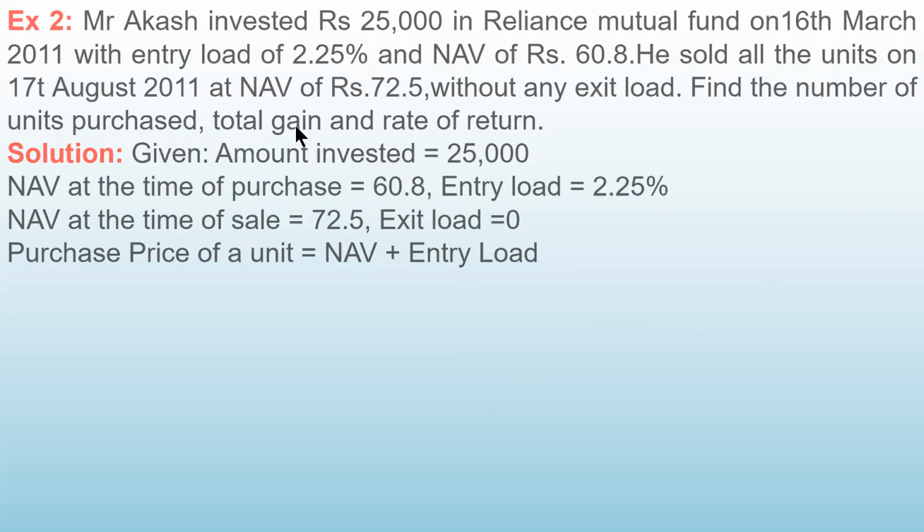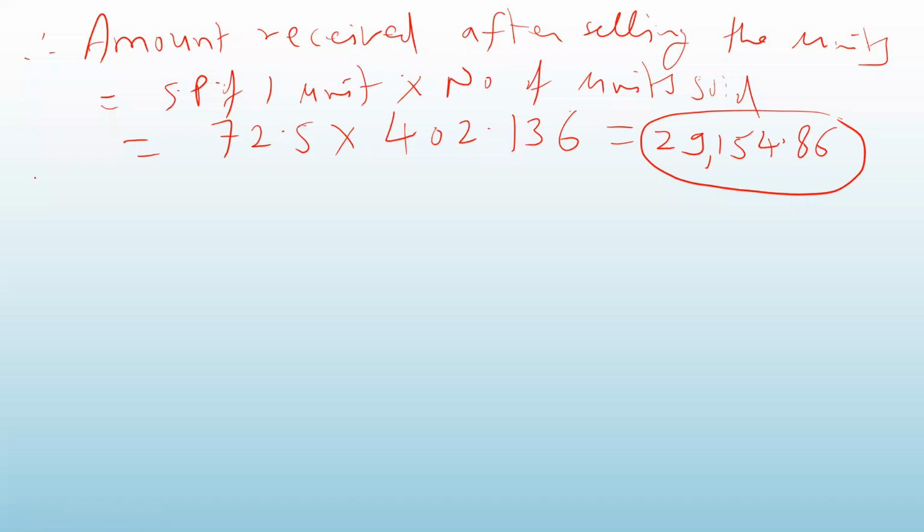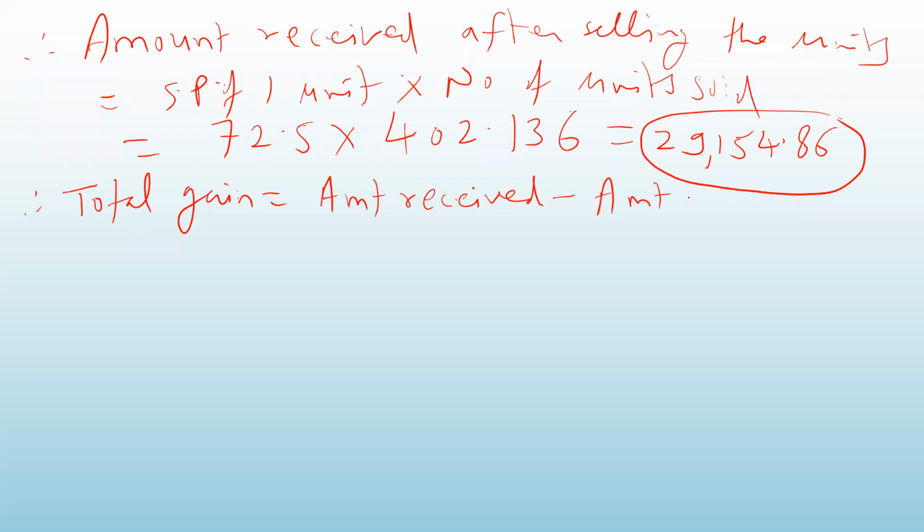Total gain. So what is total gain? Therefore, total gain is equal to amount received minus amount invested. Amount received is 29,154.86, and amount invested was 25,000.